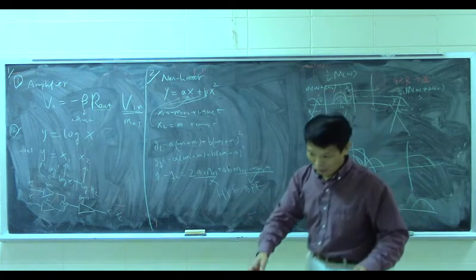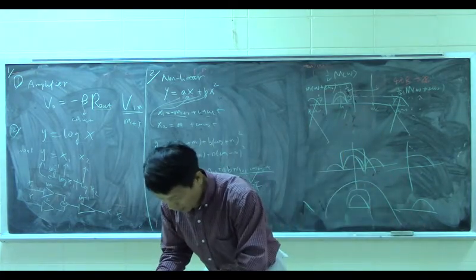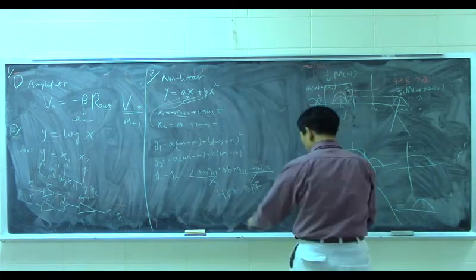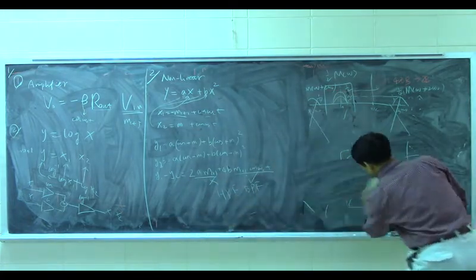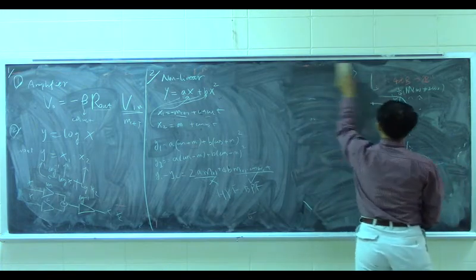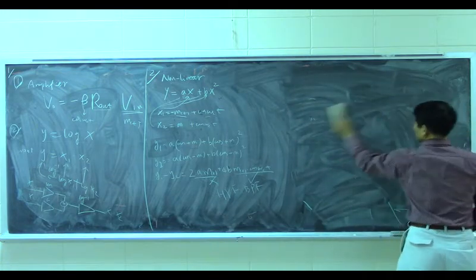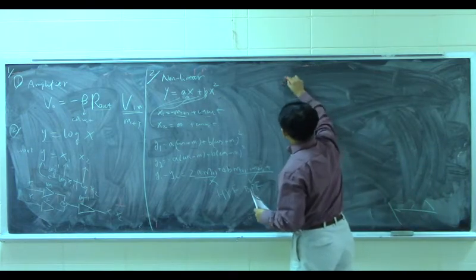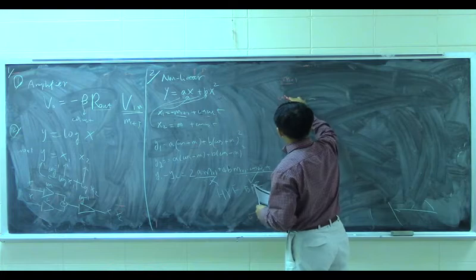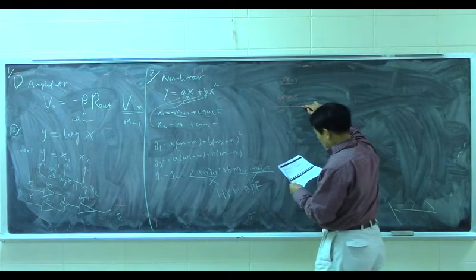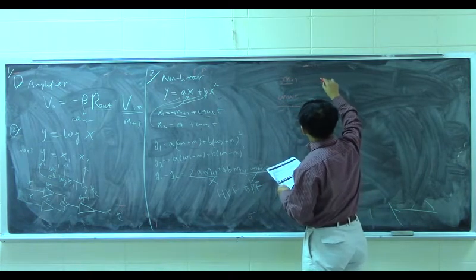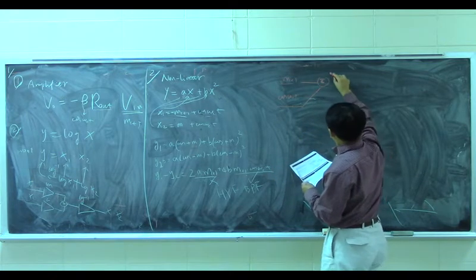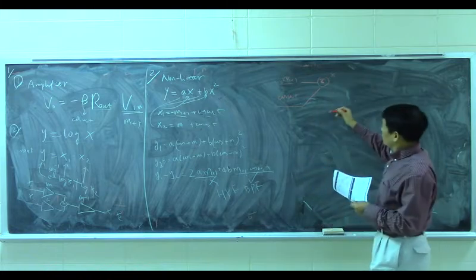How to implement this? I ask you to go to the lab to do this. How are you going to make this? What we do is we have MT, and we have cosine omega CT here. Now we have an adder, right? This and this add up together, so we get XT.